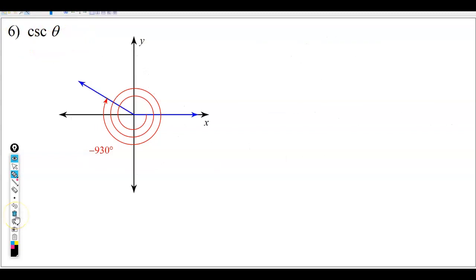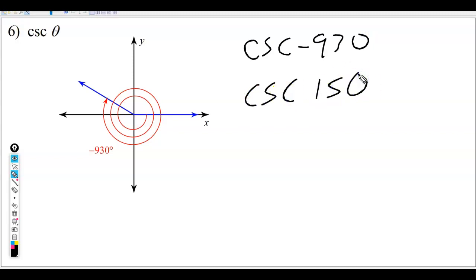So cosecant of negative 930 is going to be the same thing as cosecant of 150, because 150 and negative 930 are coterminal angles.